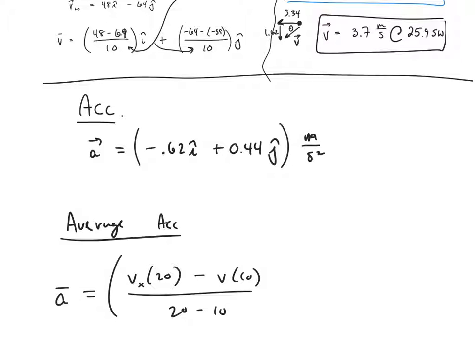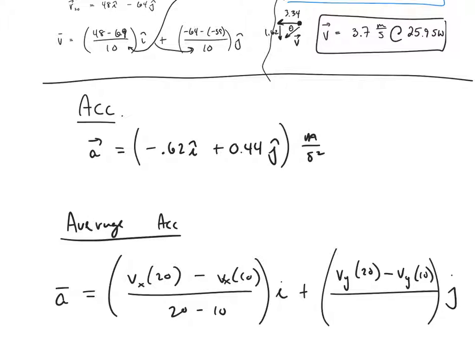And this would be for the x first. And then next to that, you would do the velocity at 20 in the y direction minus the velocity at 10 in the y direction, all over 20 minus 10.